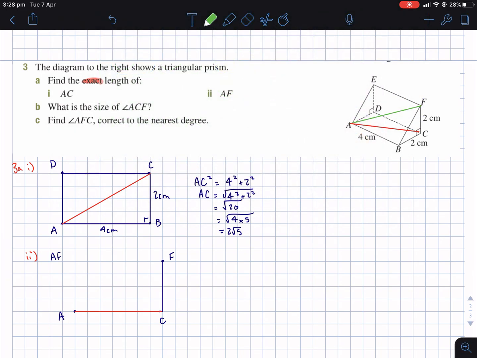And then AF is this green one. So AC we figured out it was 2 root 5. CF we know it's 2. And again, we're after the hypotenuse, so we've got AF squared equals 2 root 5 squared plus 2 squared. So AF is the square root of this.